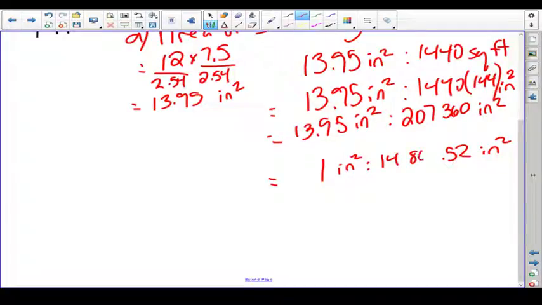This is the scale factor for the area. Okay. This is the scale factor for the area. If we want to find the scale factor for just measurements, what do you think we'd do with these numbers?